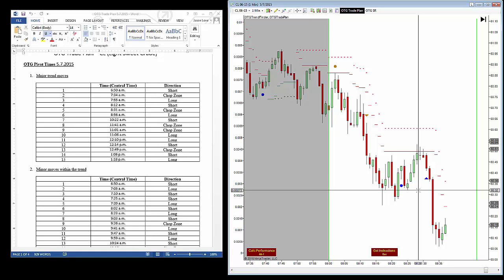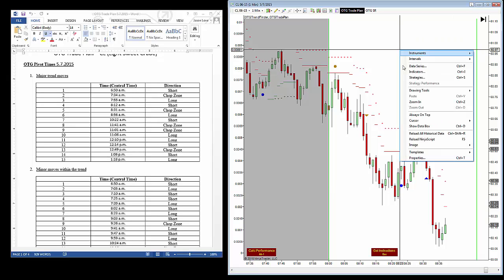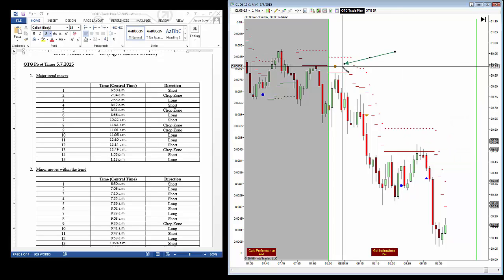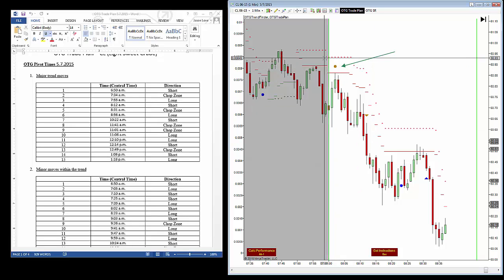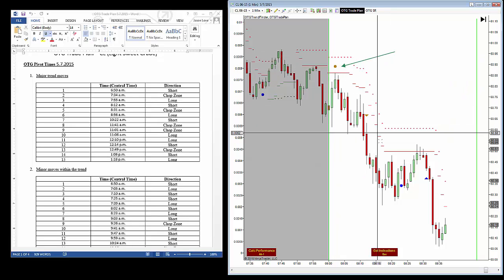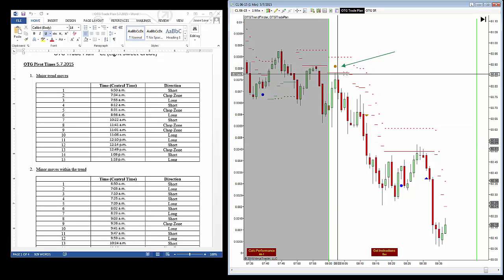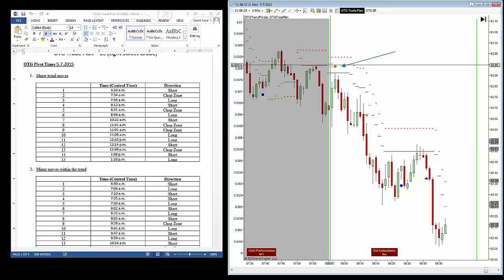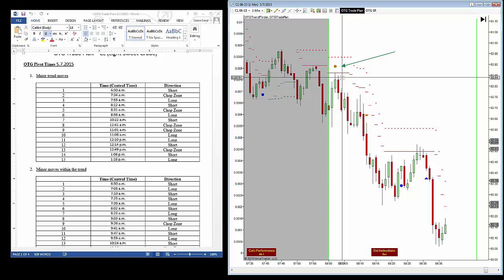The entry would be on the next bar. So if this is a valid signal bar, or signal time, right here, and it is, it's projected to the short side, and both the long and the short-term trend are in the direction of the projected move, at that move time you would have a valid entry.